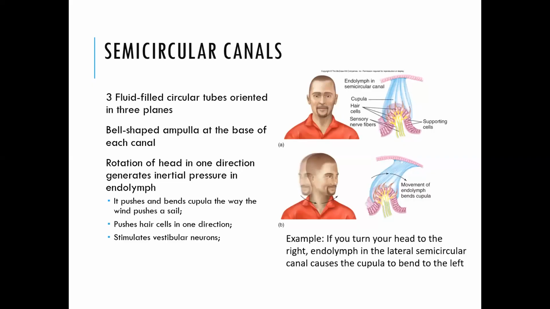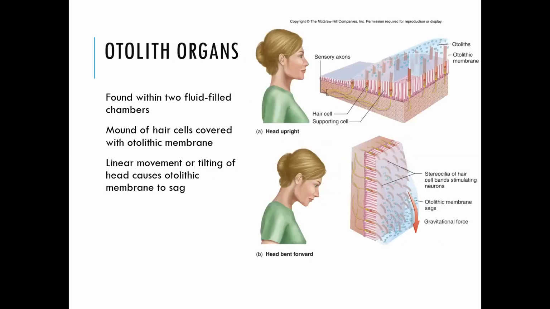So when you have initial pressure in the endolymph being generated, it causes the pushing and the bending of the cupula, similar to the way in which wind pushes a sail, which is going to push the hair cells in one direction that stimulates your vestibular neurons to tell your brain. So if movement is detected to the left in the region of your cupula, it's telling your brain that your head is moving to the right, and vice versa.